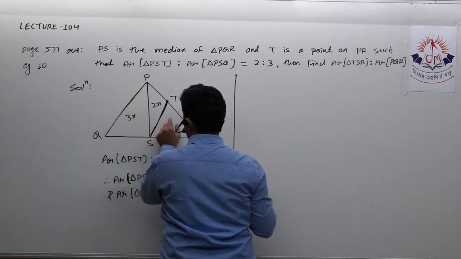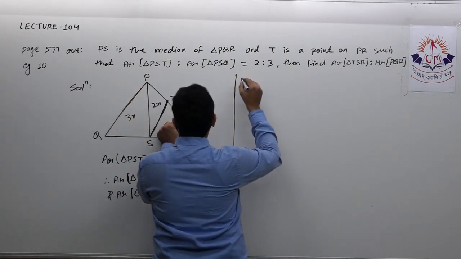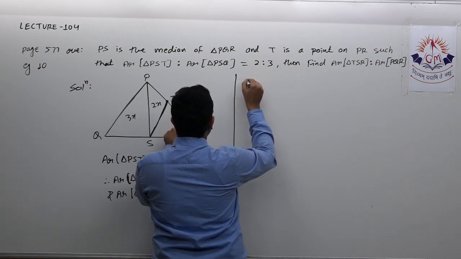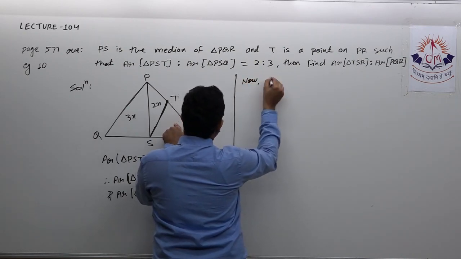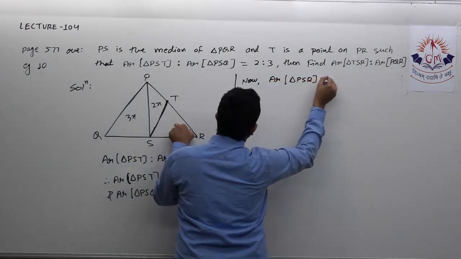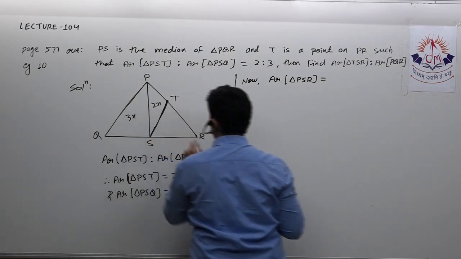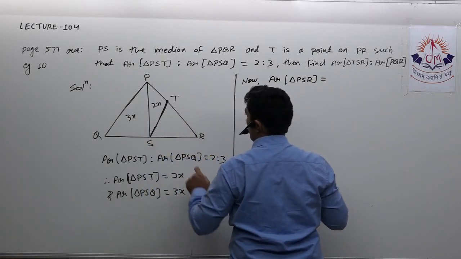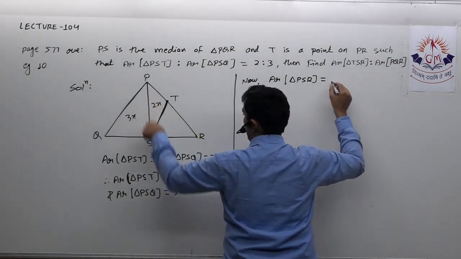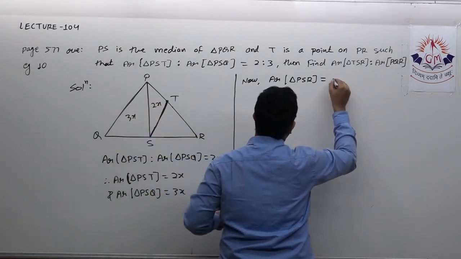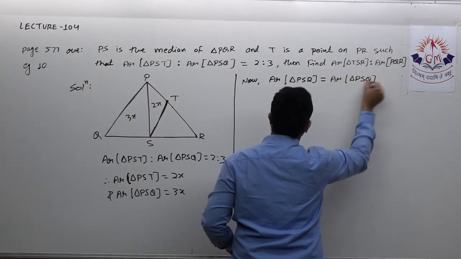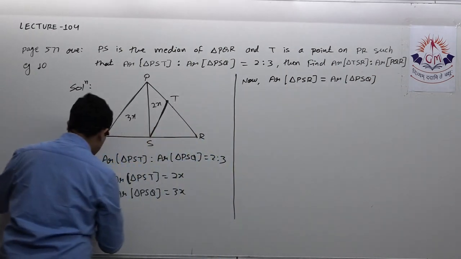I need to find this, PSR. Area of triangle PSR is equal to area of triangle PSQ. If you want to give a reason, you can write it this way.